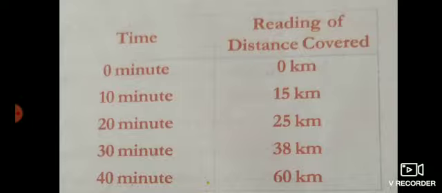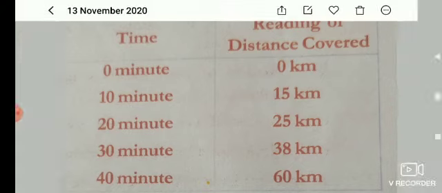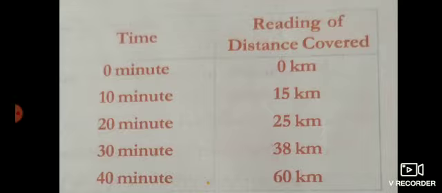The distance must be either in meters or kilometers and time in seconds or hours. We express the speed either in meters per second or in kilometers per hour. And in this example, distance is 60 kilometer and the time is 40 minutes. Now, if you see 1 hour is equal to 60 minutes, 40 minutes is equal to 40 by 60 hour, and that is 2 by 3 hours.